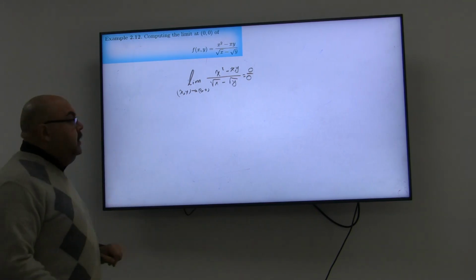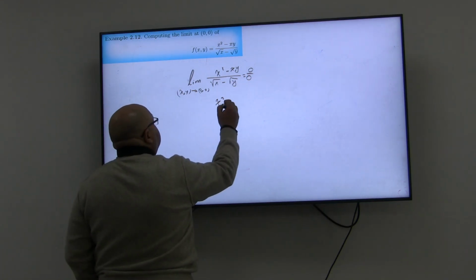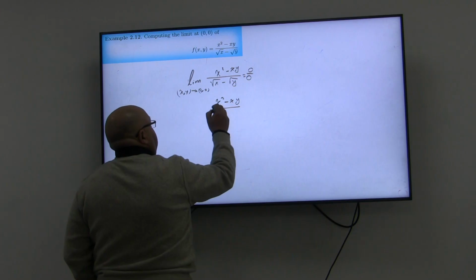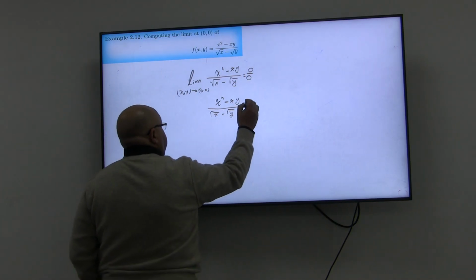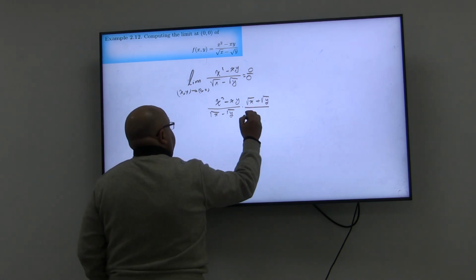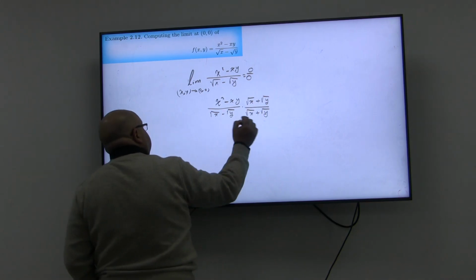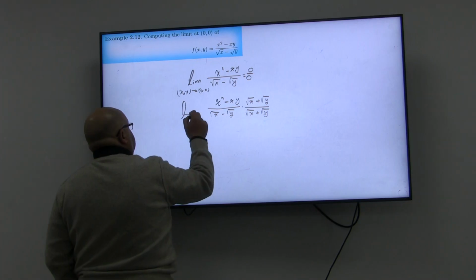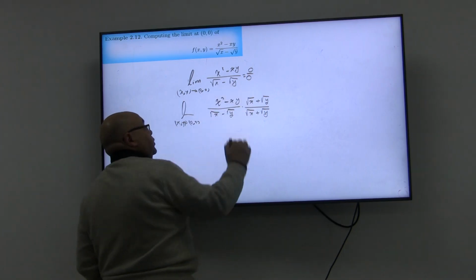So I can simply do it like this: x squared minus xy divided by the root of x minus the root of y, times the root of x plus the root of y divided by the root of x plus root of y. This value came from simply multiplying by the conjugate of the denominator.